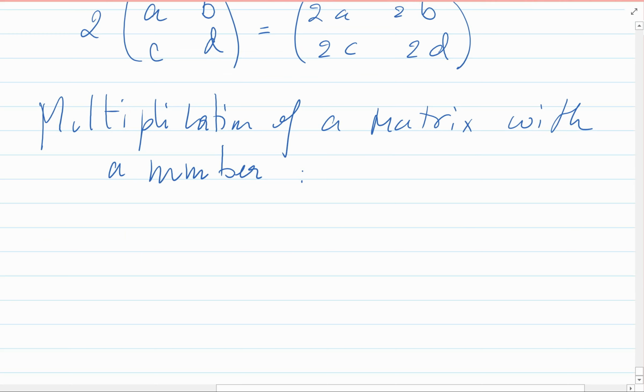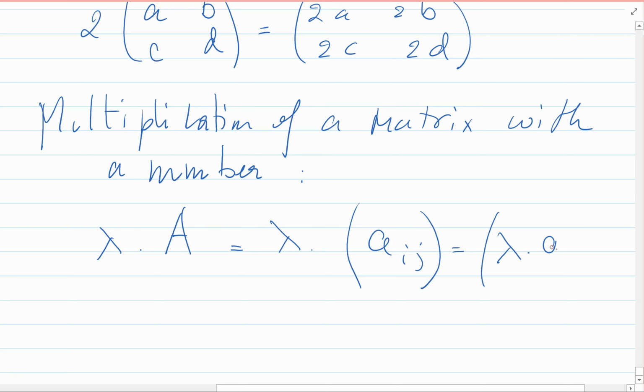So here we can say, for example, lambda times A. A is a matrix and lambda is a number. So this is lambda times Aij, the matrix defined by the entries Aij. It doesn't matter the size, by the way. The answer is lambda times Aij. So we multiply all the entries by lambda.